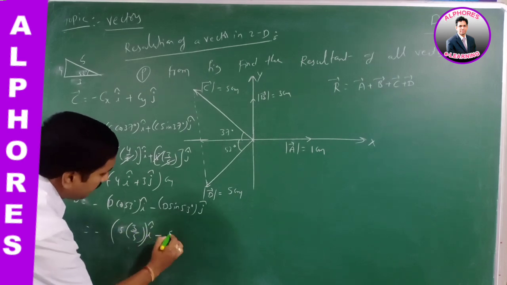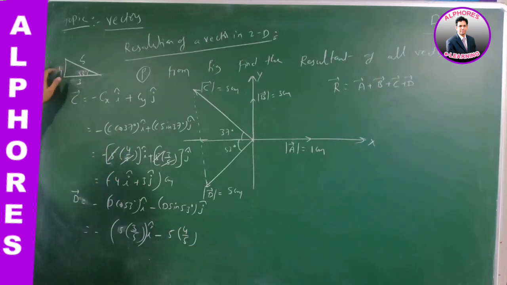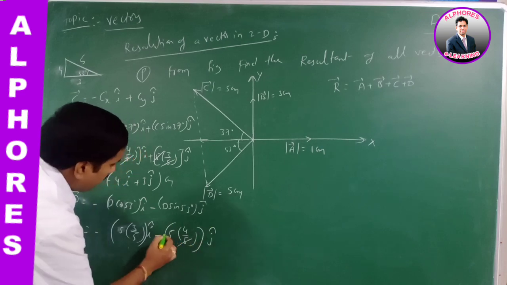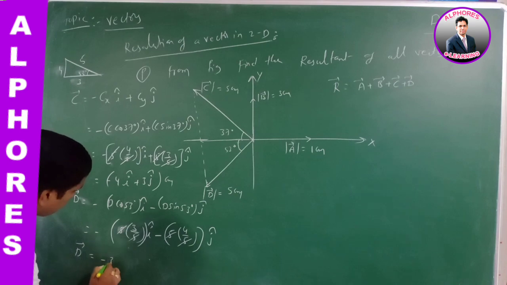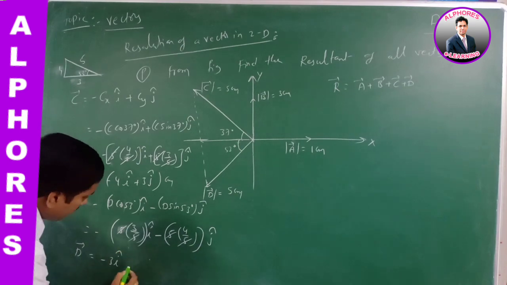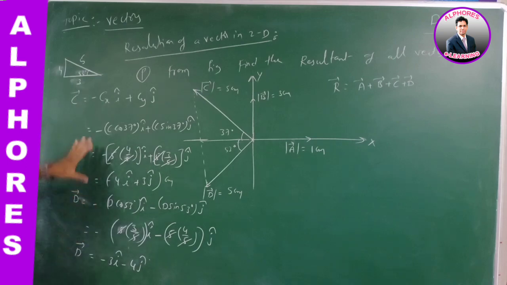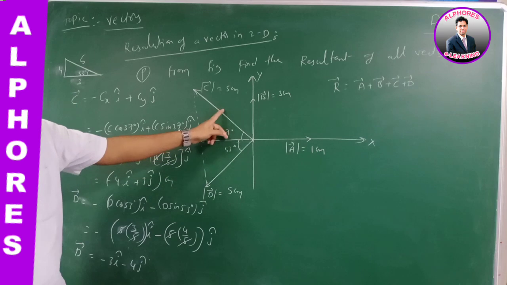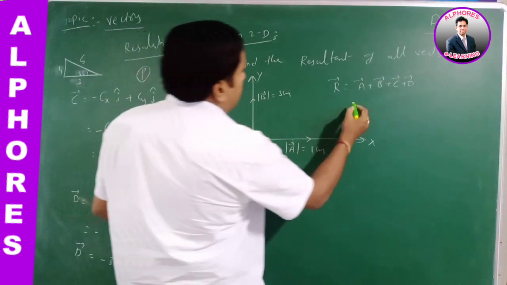Now minus again 5 into 4 by 5, sin 53, opposite side by hypotenuse, 4 by 5 into j cap. 5 gets cancelled, again 5 gets cancelled. So the vector d bar is equal to minus 3 i cap minus 4 j cap. So these are the vectors c bar and d bar as per the resolution of vectors in the second quadrant and third quadrant. Now I am substituting in this.